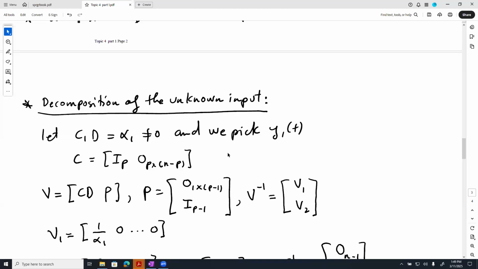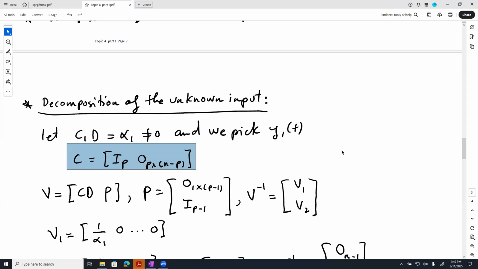Let's say we pick the first output measurement, and we want to express the unknown input in terms of the first derivative of this measurement, then we require C1 times D, which is alpha 1, to be non-zero. And also for the sake of simplicity, we assume that matrix C is in the canonical form.